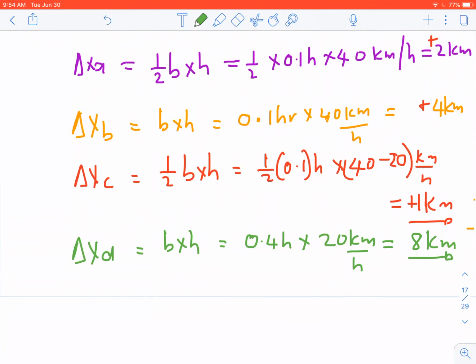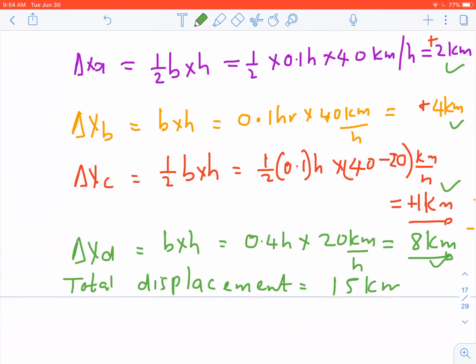So then what is our total displacement? Total displacement is equal to, if you see, 2 plus 4 is 6, plus 1 is 7, plus that, so it gives us 15 kilometers.